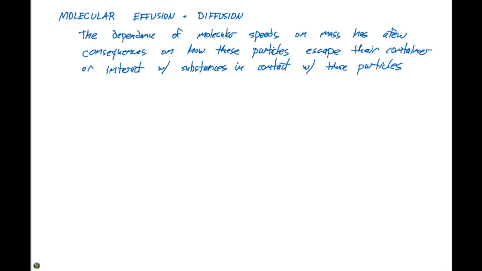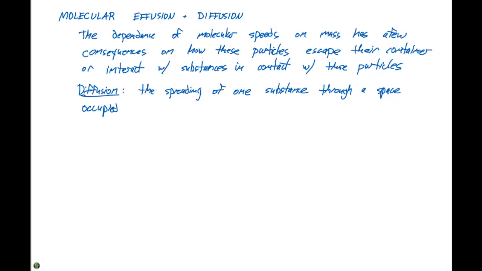And from here we can introduce the definition of diffusion and effusion. Diffusion is defined as the spreading of one substance through a space occupied by one or more other substances.